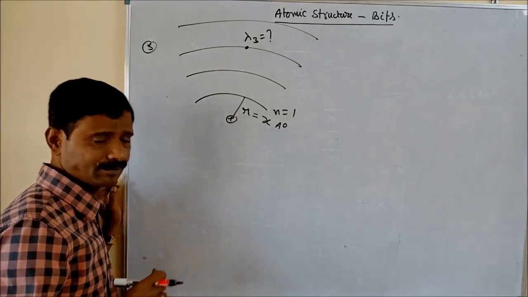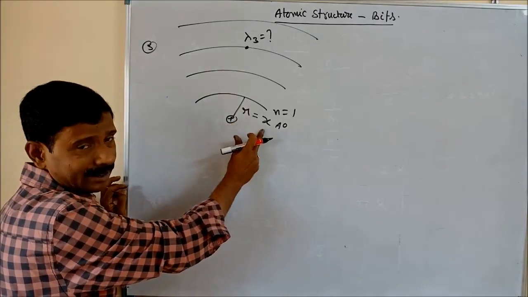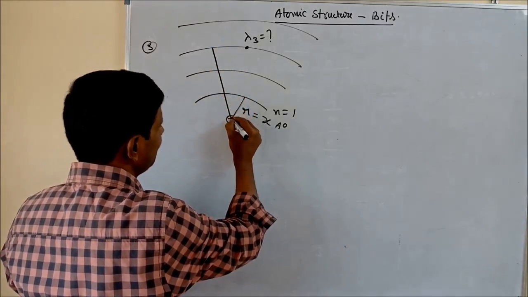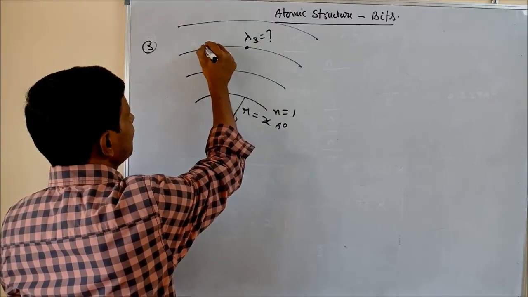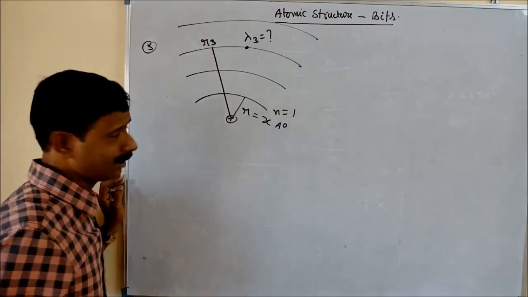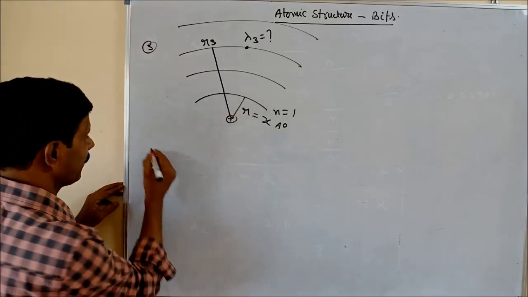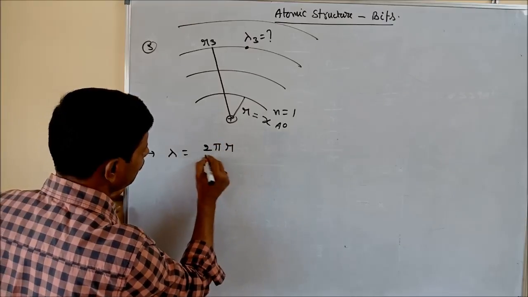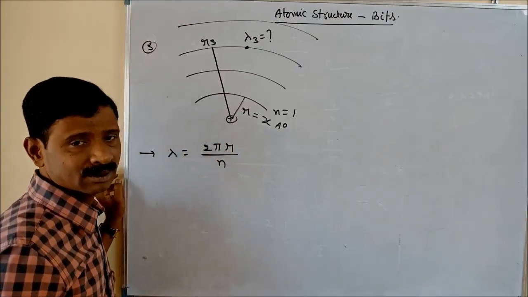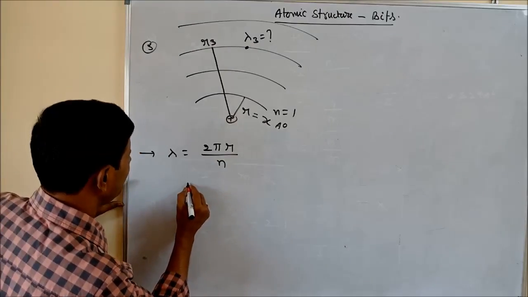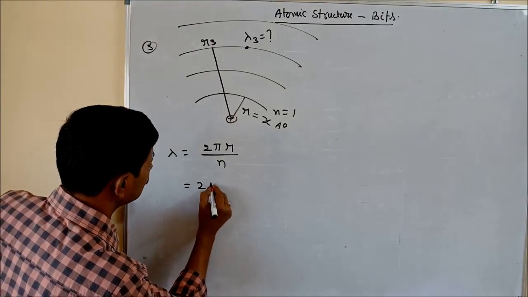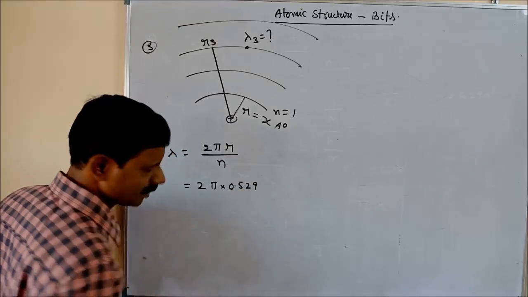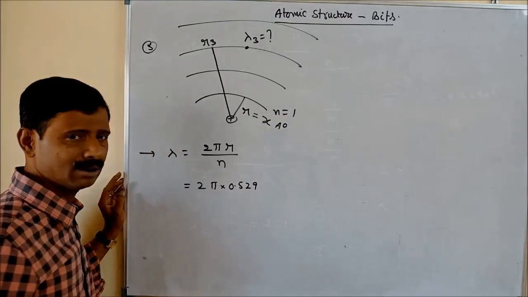Generally, this is R1, x. Suppose you observe R3, that is the radius of the third orbit. Now, what is the formula for lambda? Lambda equals 2 pi r by n, or otherwise here we will consider 2 pi into 0.529 or 0.53, that is your choice.